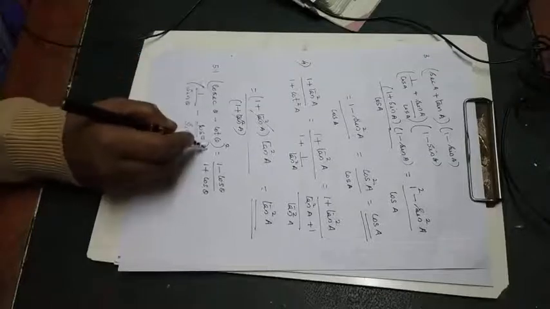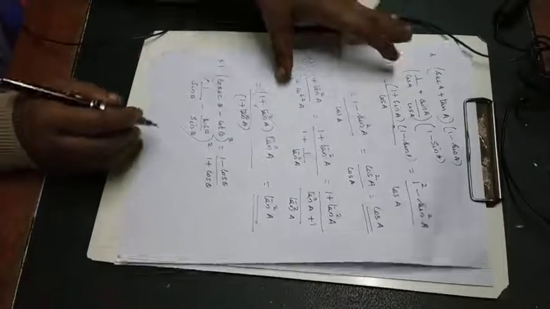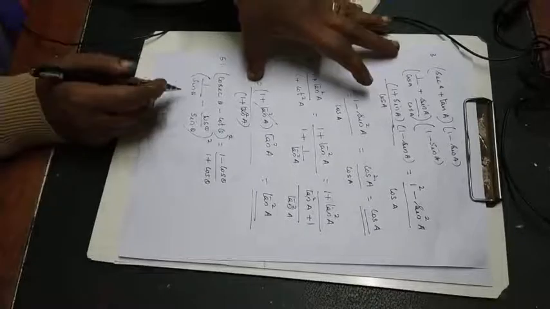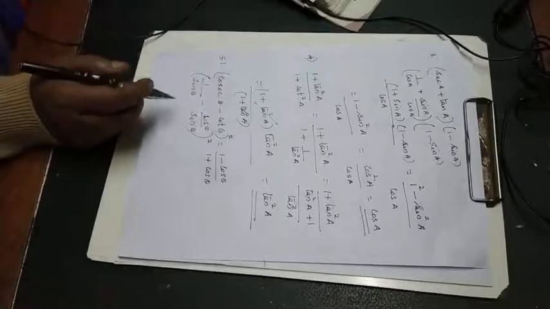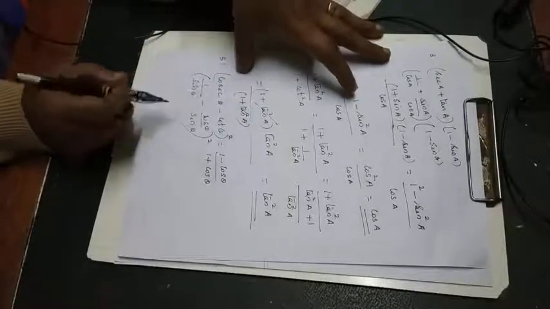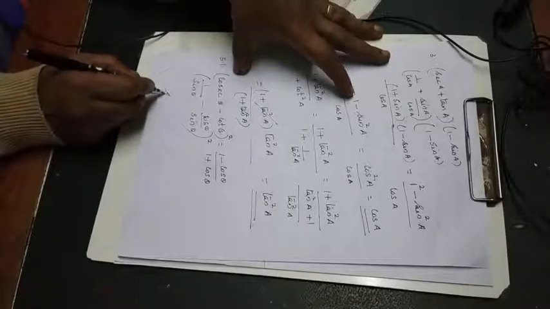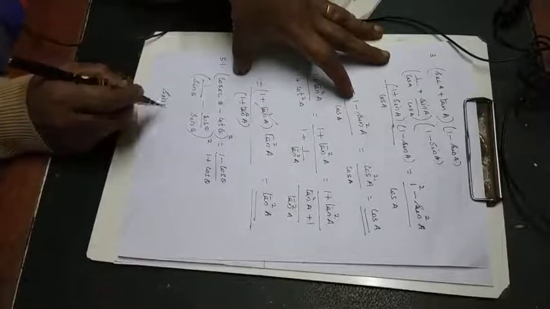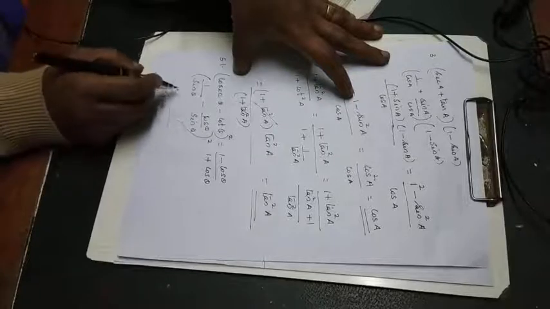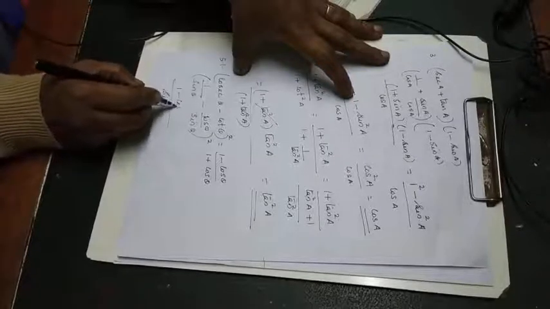Now whole square it is. So it will be sin theta is the LCM you are getting. So sin theta by 1 minus cos theta you will get.